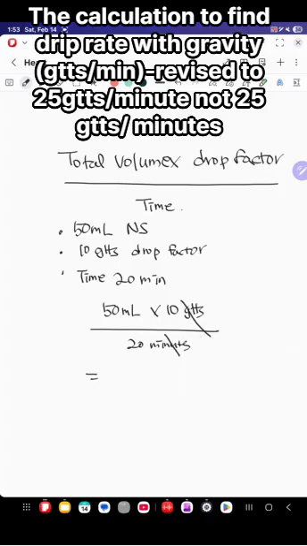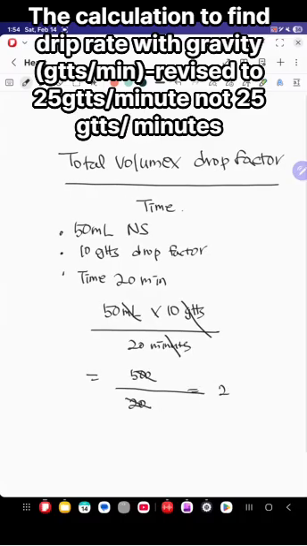And I'm going to cancel all the units, and the numerator is 500 divided by 20, and it comes to 25. So 25 is the drip rate per minute with gravity.